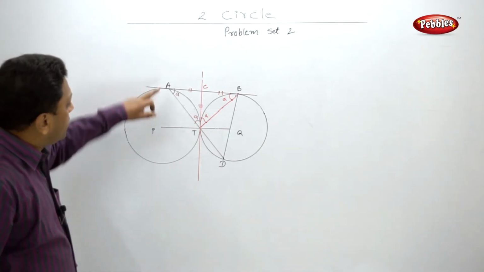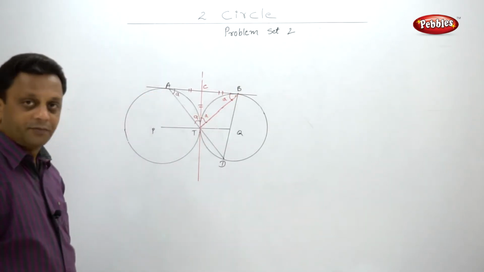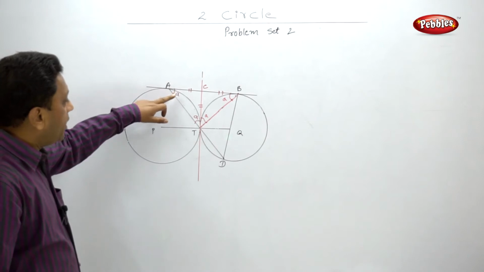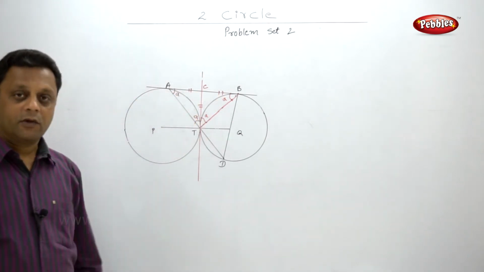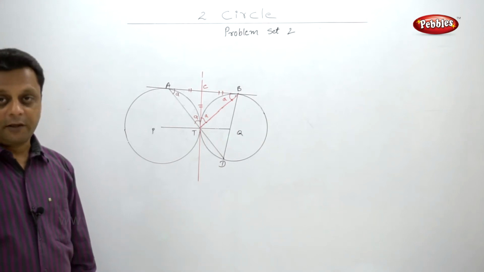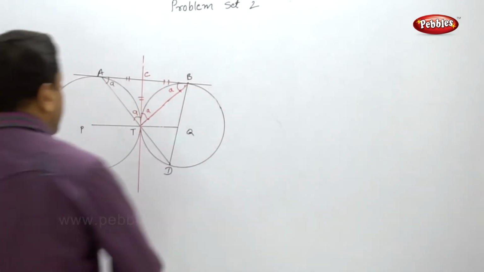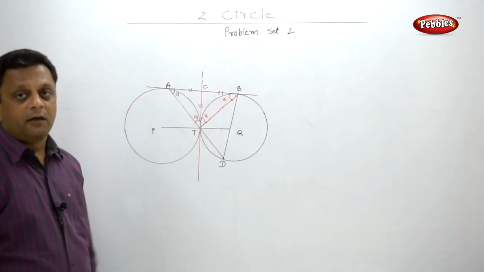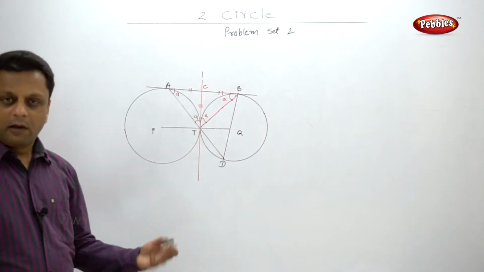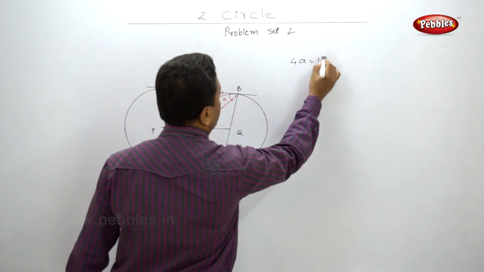Now in this triangle ATB, A plus A plus A plus A is equal to 180. This 4A is equal to 180. That again I am telling you, in this triangle ATB, A plus A plus A plus A is equal to 180, angle addition.